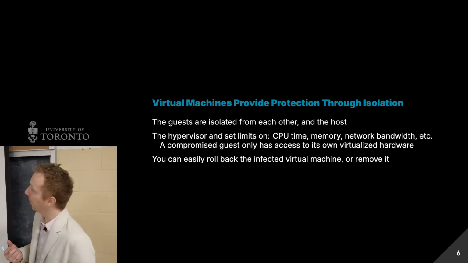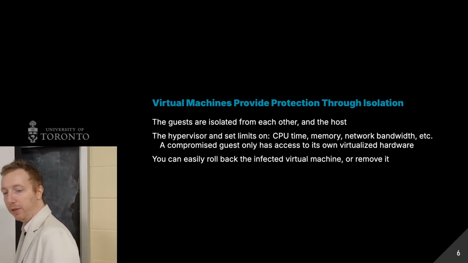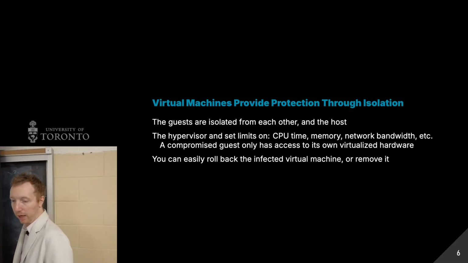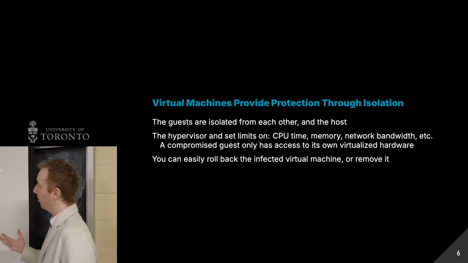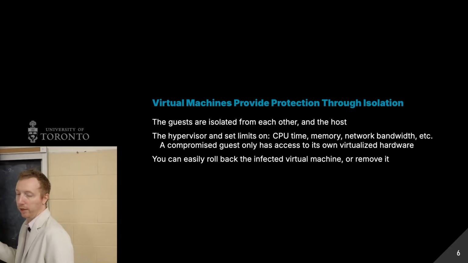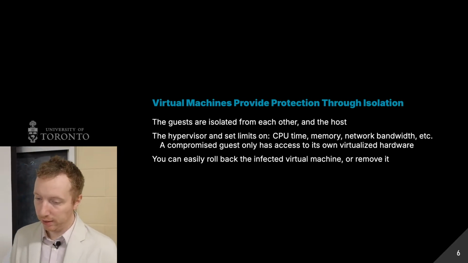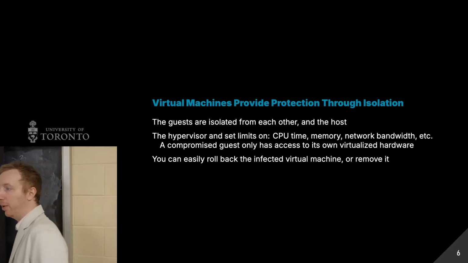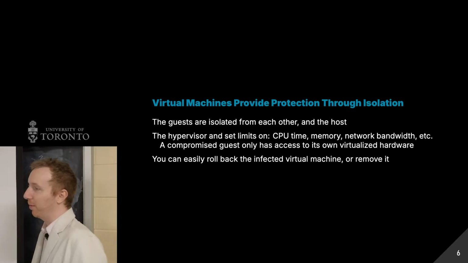So the hypervisor can do special things like set limits on how much CPU time they have, how much memory they can use, how much network bandwidth they get, etc. And if a guest gets compromised, it only has access to its own virtualized hardware, so you just roll it back, restore it, and then you're good to go again. So you can easily roll it back or remove it.